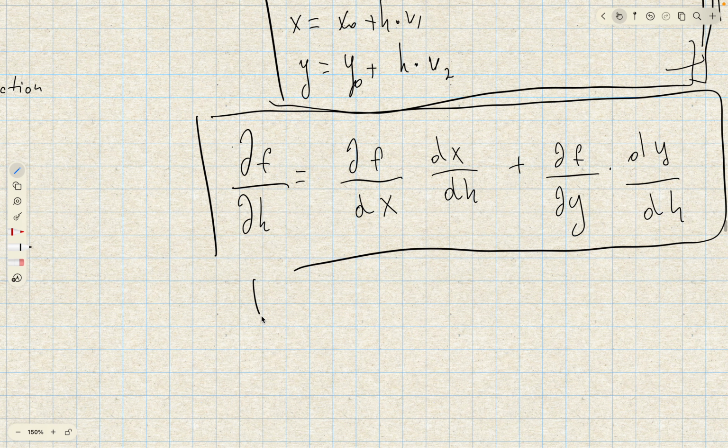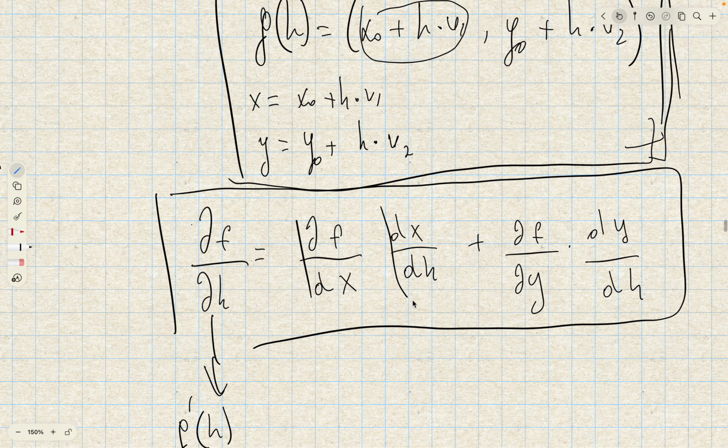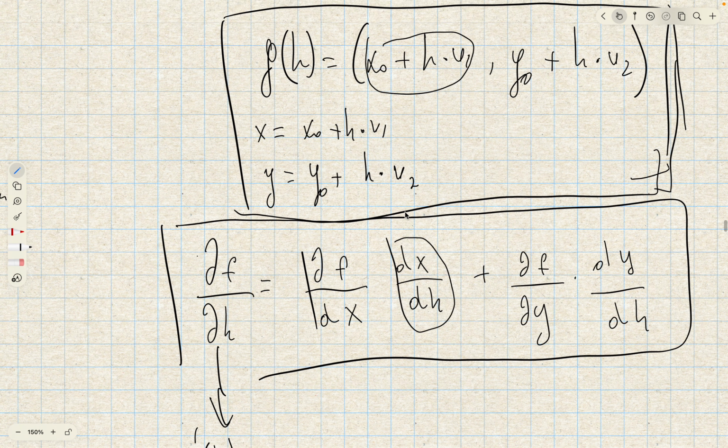This is simply g'(h). And what does it mean? It means we find the derivative of x with respect to h, and here we find the derivative of y with respect to h.